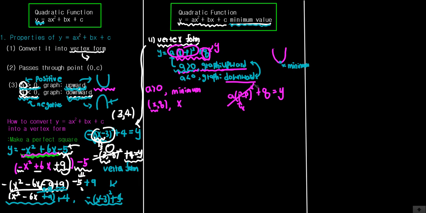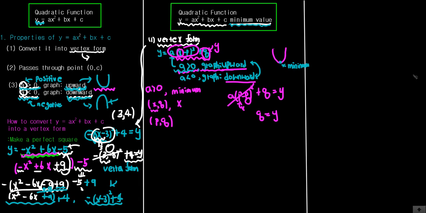Then this term will cancel out as 0, and we get q is equal to y. So we figure out that the coordinate is p comma q. This is how we find a vertex through our vertex form.